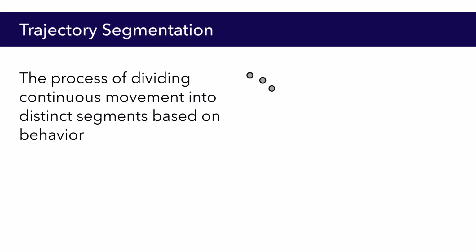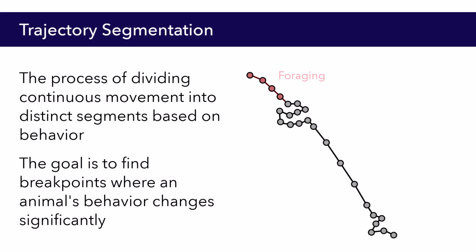Trajectory segmentation is the process of dividing a continuous movement path into distinct segments, each characterized by a homogeneous pattern that represents a specific behavior. The goal is to identify natural breakpoints where the animal's behavior changes significantly.